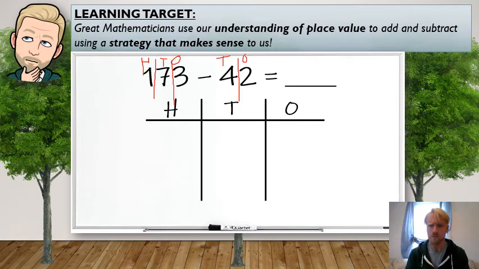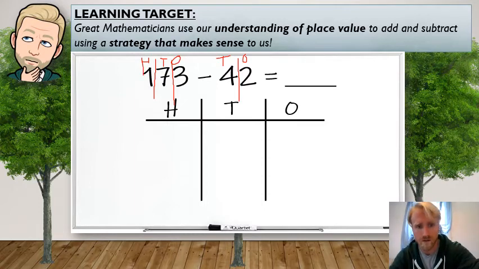All right, so now I need to start representing the numbers. Which number should I represent first? 173 or 42? Yeah, it makes sense to represent 173, but why? Because it's the bigger number, exactly. Because I wrote down my HTO chart on top of the numbers, I can see there's 100, so I'm going to draw one flat.